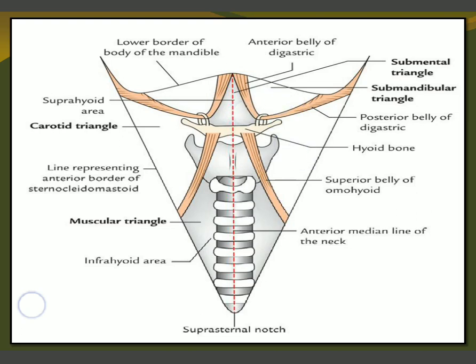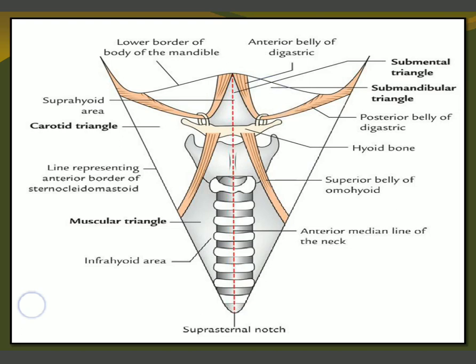If the digastric and omohyoid muscles were not there, these divisions would not exist and it would be a single triangle. But because of these muscles, they are subdividing this triangle into four small triangular spaces and they have their individual names on the basis of the contents that lie in these triangles.